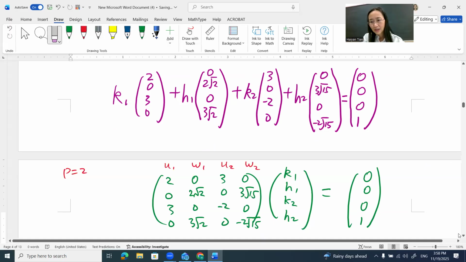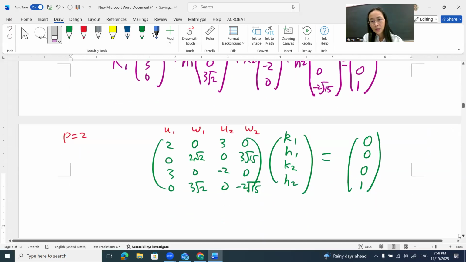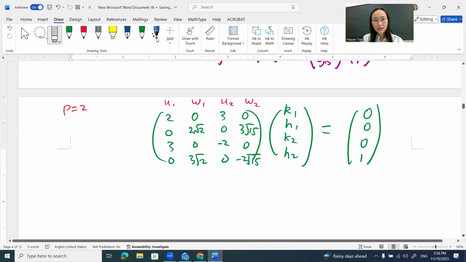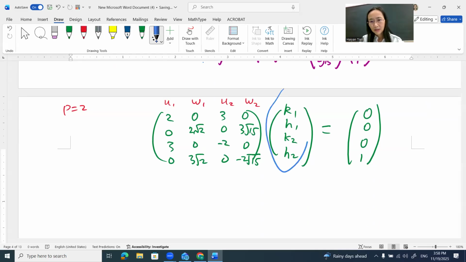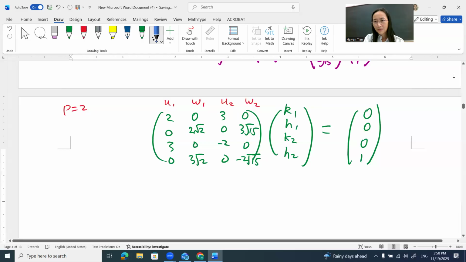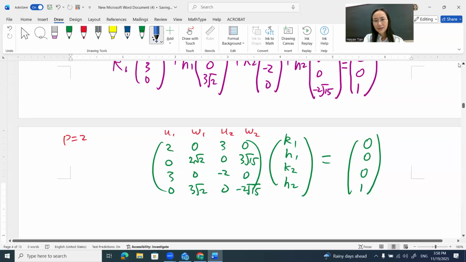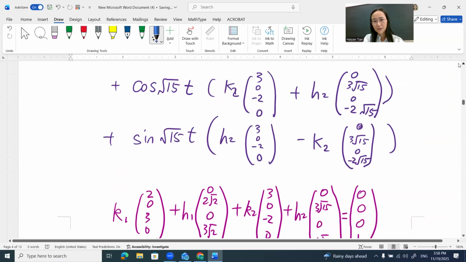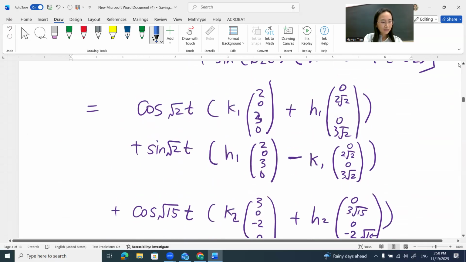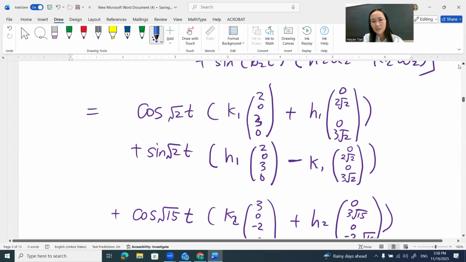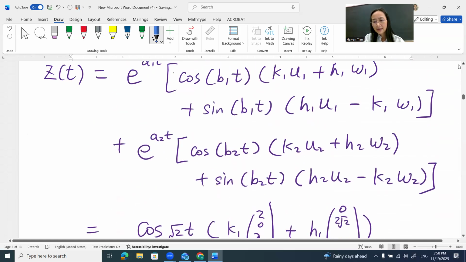So once we solve this, we will get the weights for our solution of the initial value problem. So you see, it's a process, and understanding the complex eigenbasis theorem, and then you apply it to a specific problem.